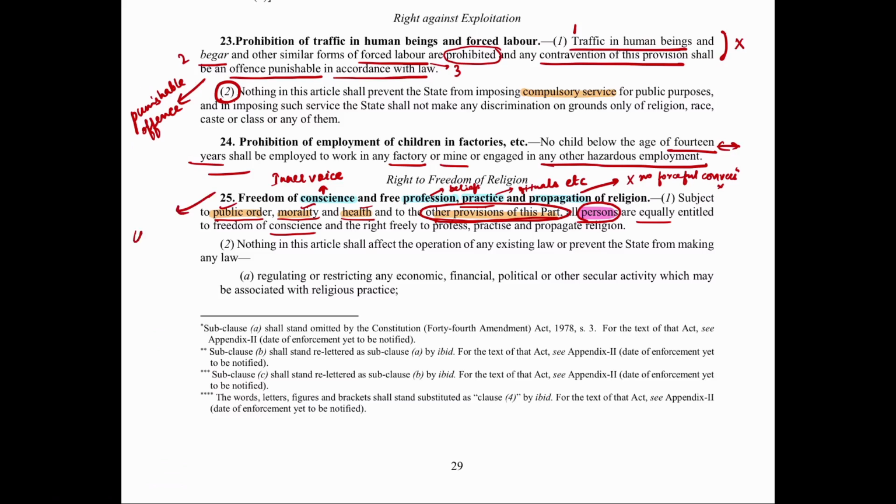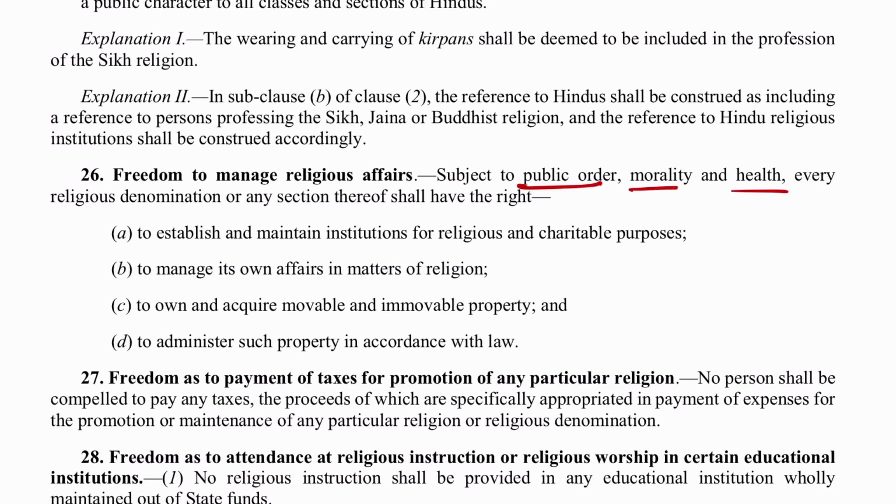So 25 had 4 conditions. Article 25 had 4 conditions: public order, morality, health and any other provision of part 3. But if you notice in 26, only 3 conditions are here. There is no mention of any other provision of part 3. So subject to these, every religious denomination or section thereof shall have the right.